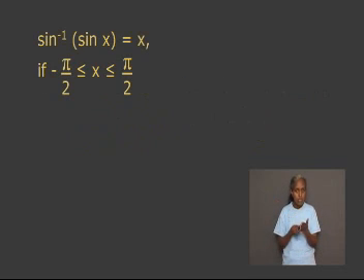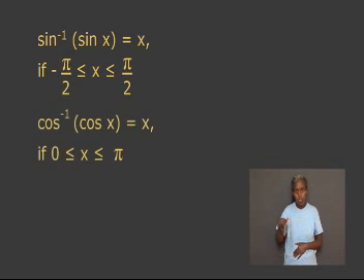This means that the inverse sine function of sine of x equals x if x falls between or is equal to negative pi over 2 and pi over 2.